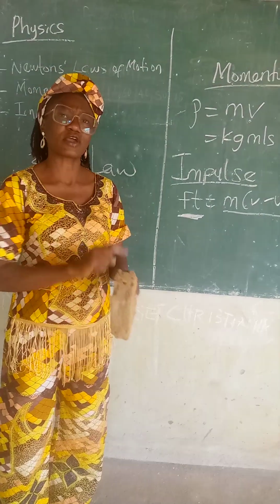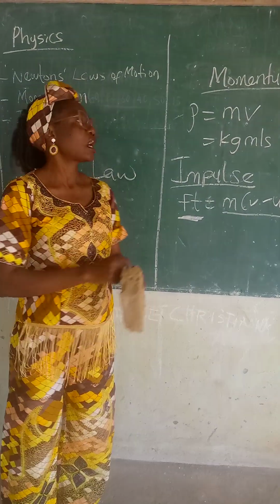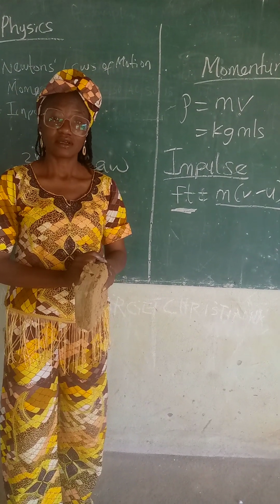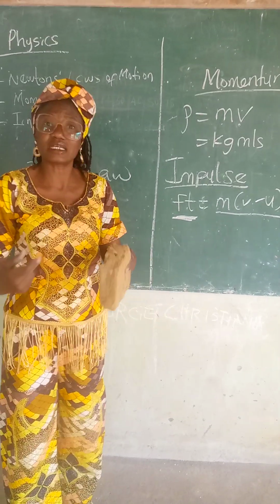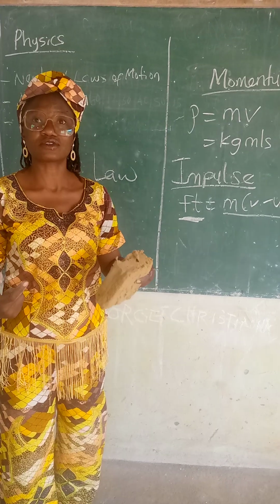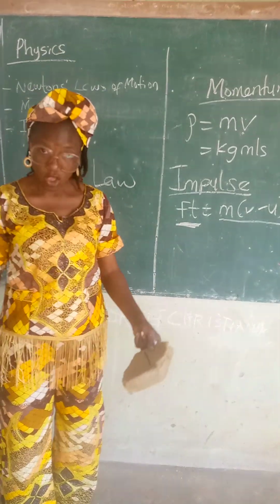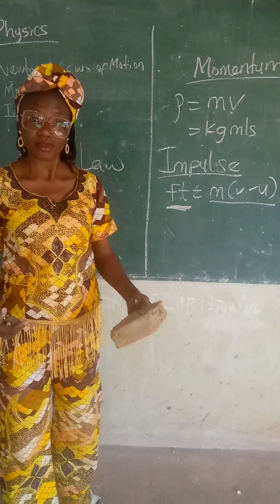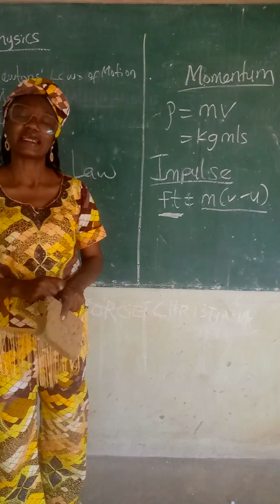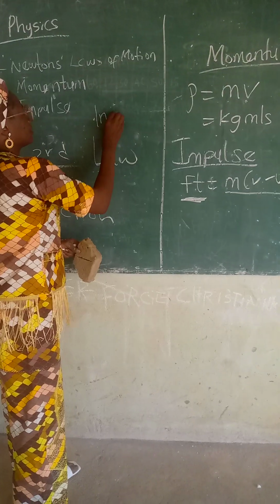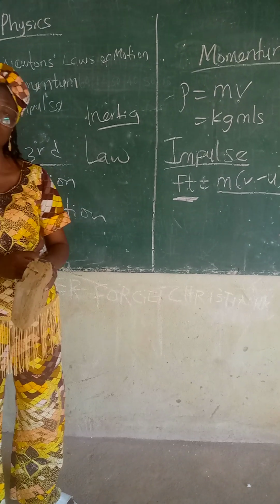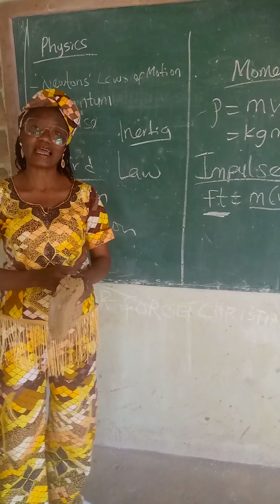Okay, now before I continue, I would like to remind us that the first law is also known as inertia. The reluctance of a body to start moving when it is at rest, or to stop moving when it is in motion, is called inertia, and that is why the first law of motion is also called the law of inertia.